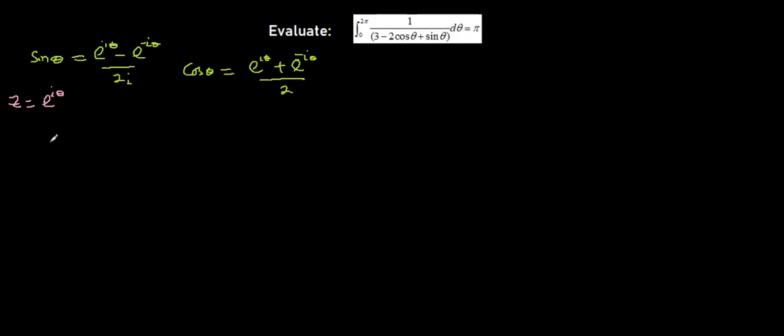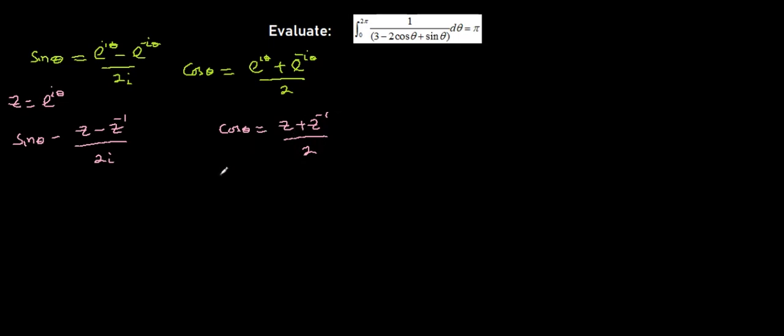So if z equals exponential i theta, that means sine theta will become z minus z inverse divided by 2i, and cos theta will become z plus z inverse divided by 2. So this is what you have.